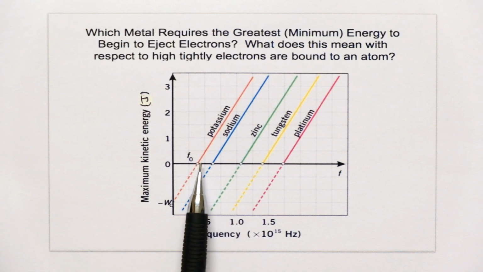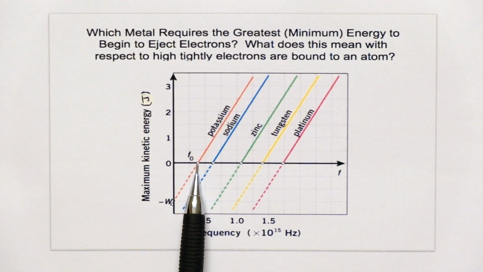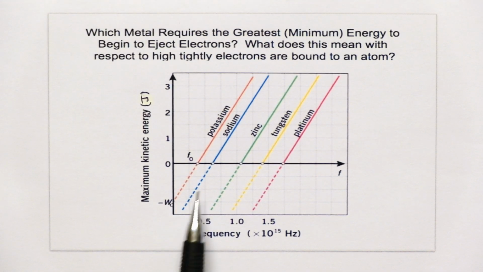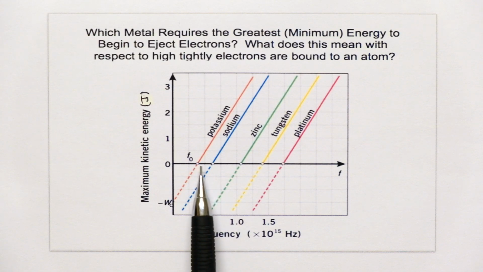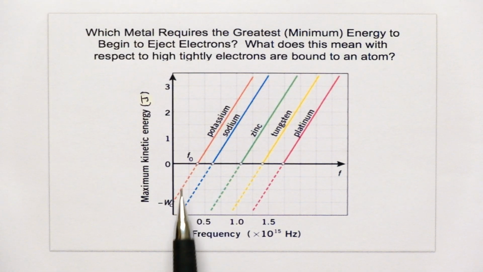So we'll look at potassium first. There's the threshold frequency. Potassium has the lowest threshold frequency. There's its work function. For sodium, the work function will be lower down. It will be where it intercepts with the vertical axis, and its threshold frequency is higher. It has greater work function and greater threshold frequency.